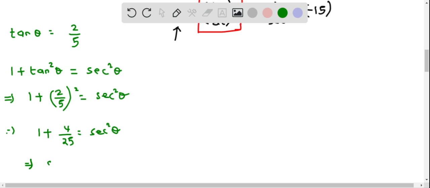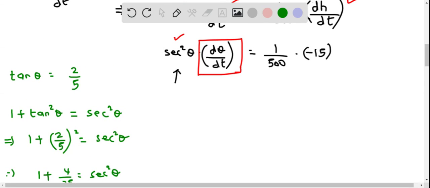When you add these two fractions, we get 29 by 25. So the value of secant square theta is 29 over 25, which I'm going to substitute into the equation, replacing secant square theta with 29 over 25 multiplied with d theta over dt.